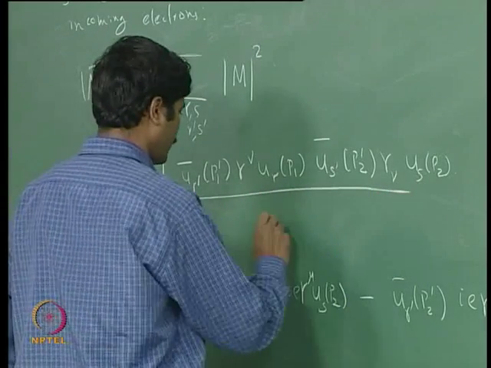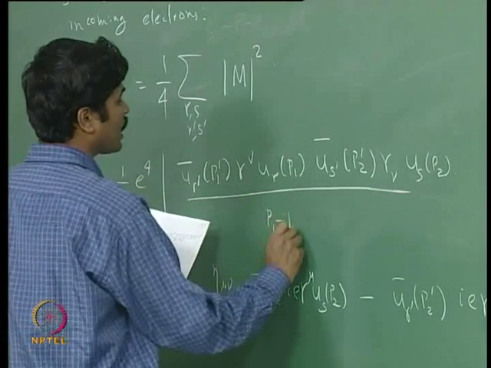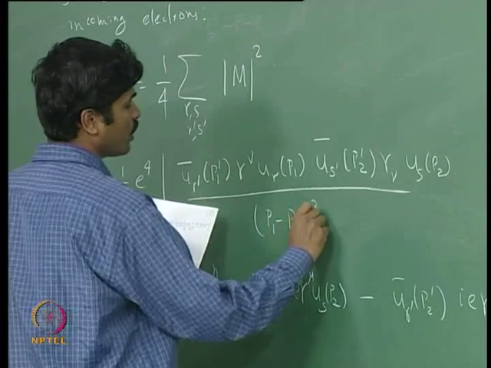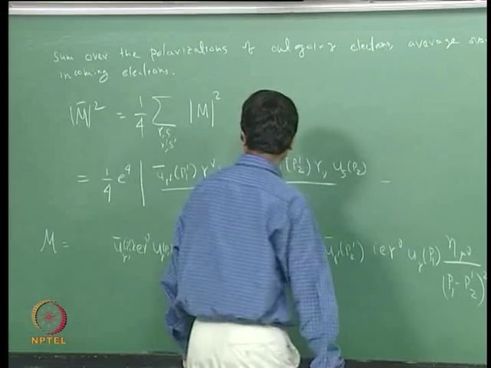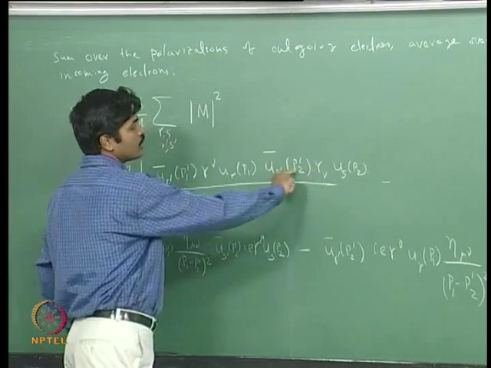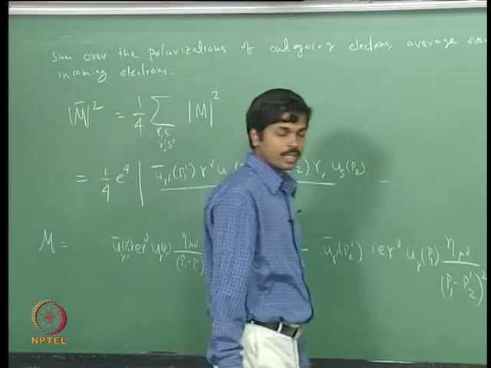This is divided by P1 minus P1 prime squared, and then minus the same thing, but with P1 prime and P2 prime exchanged.